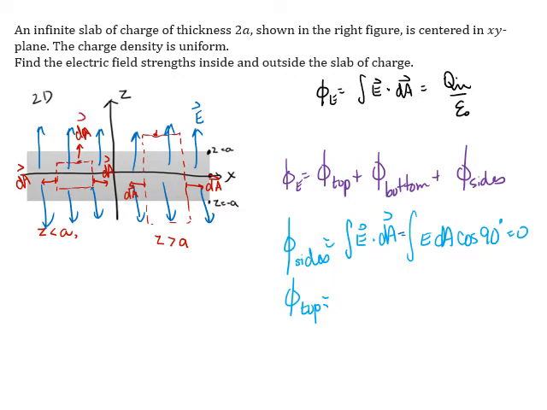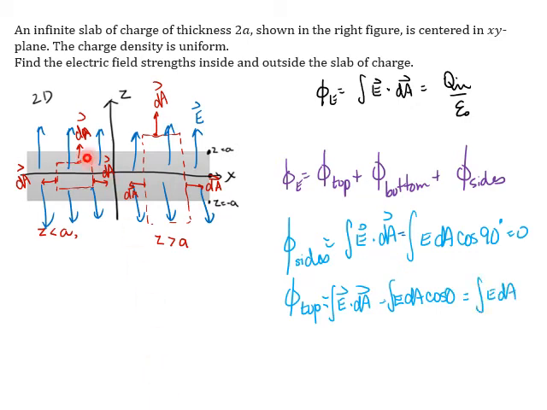Same is true whether our Gaussian surface is inside or outside. So in both cases, the electric field is straight up, the area vector is straight up. Those two vectors are parallel. So we've got the integral of E dot dA equals the integral of the magnitude of E times the magnitude of dA times the cosine of 0 because they're parallel, equals the integral of E times dA.